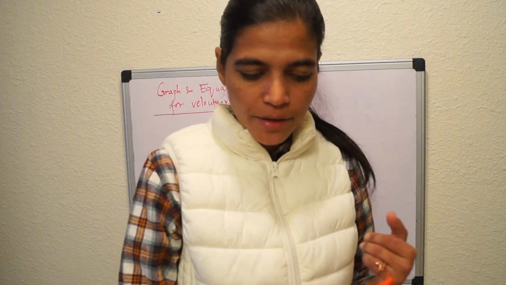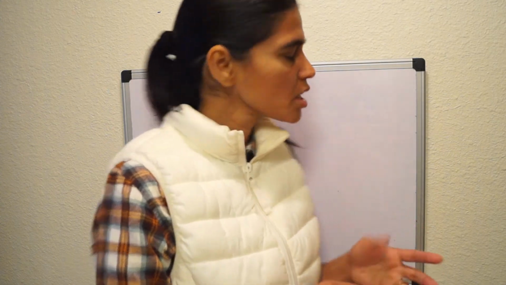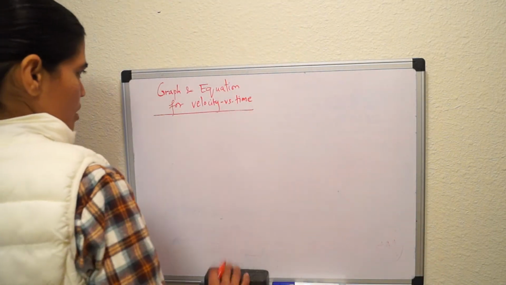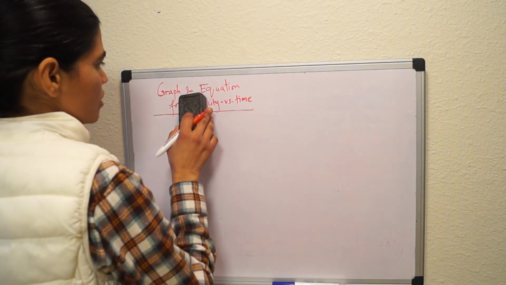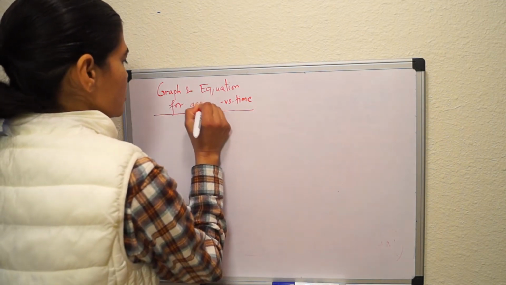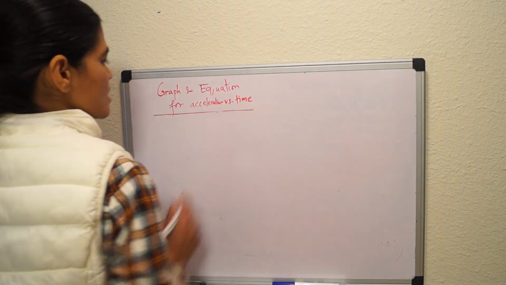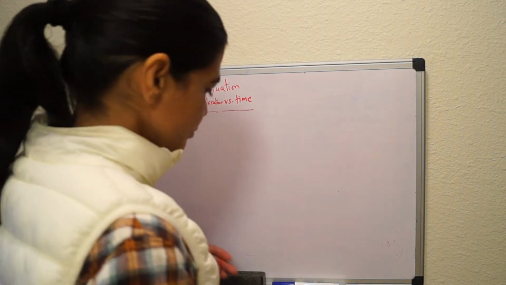The position versus time graph is a cosine function, right? But the velocity versus time graph is a sine function. What do you think the graph and equation for acceleration versus time would look like?